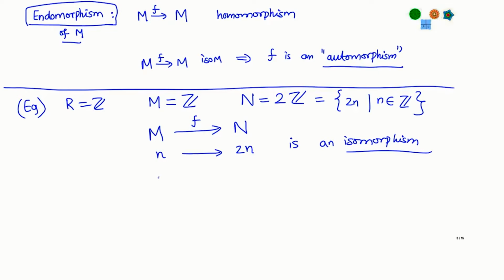In fact, this is not the only one. You can also construct another isomorphism between these two modules, which is n going to minus 2n. That's also an isomorphism. So when two modules are isomorphic, there is not always a unique isomorphism between them. There are often many different isomorphisms between two isomorphic modules. So that's the notion of isomorphism.